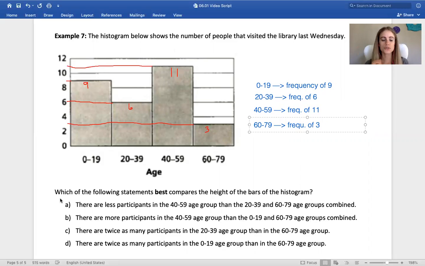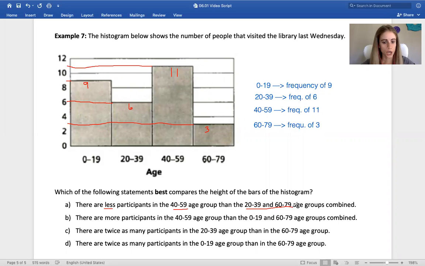So we want to know which of the following statements best compares the height of the histograms. So whenever I see best compares, I know I better read it carefully because it could be a little tricky. Option A: there are less participants in the 40 to 59 age group than the 20 to 39 and 60 to 79 age groups combined.